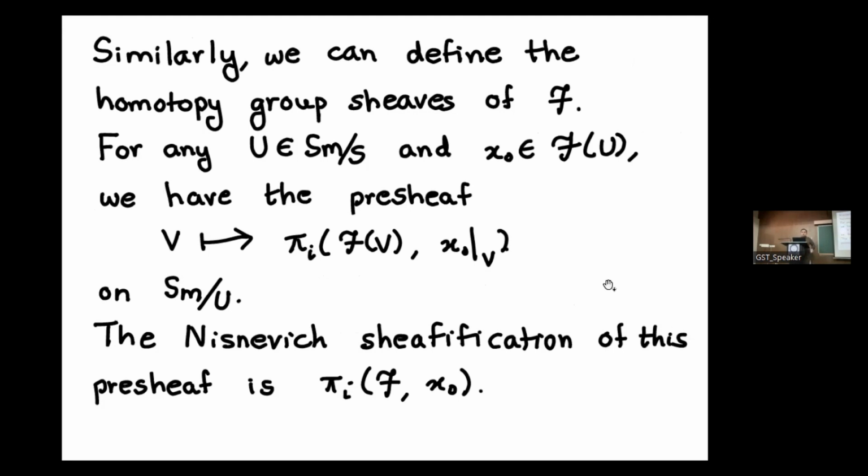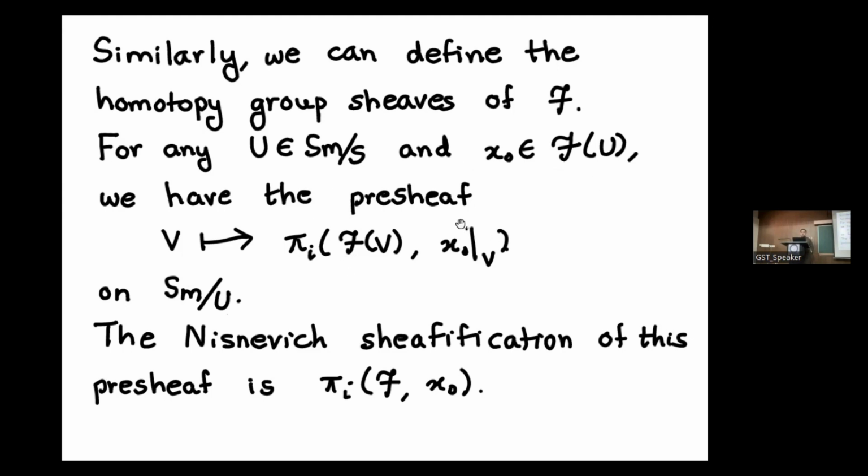So for every u, you may pick some element x naught of f of u, and then for the category of smooth schemes over u, you have this presheaf: v gets mapped to the ith homotopy group of f of v, with the base point being x naught restricted to v. So x naught is a section over u, and you may always restrict it to any scheme sitting over u.